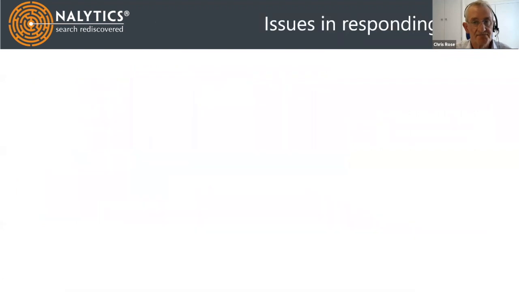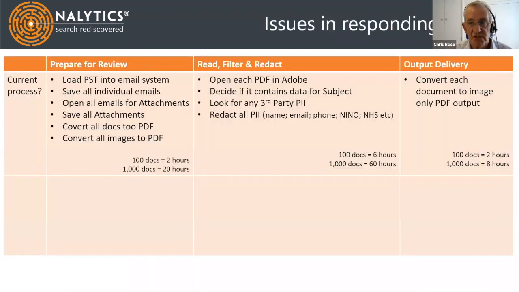So the typical issues in subject access requests that we've seen with many of our clients is the fact that the first process is to be able to get all of the data. So this is where you've got to find information, perhaps embedded in emails.